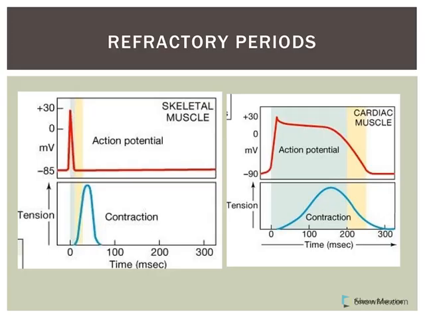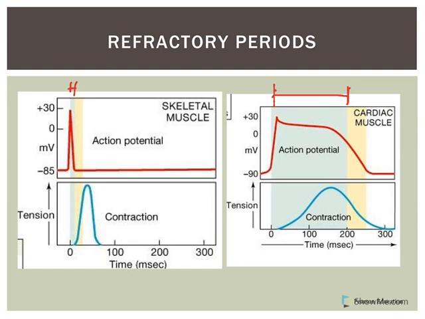Now here, I do want to mention refractory periods. I'm showing you a comparison between cardiac muscle and skeletal muscle. Cardiac muscle has a much longer absolute refractory period than skeletal muscle. The reason we want that is that ventricular muscle having a longer refractory period is going to allow muscle contraction to take a little bit longer.